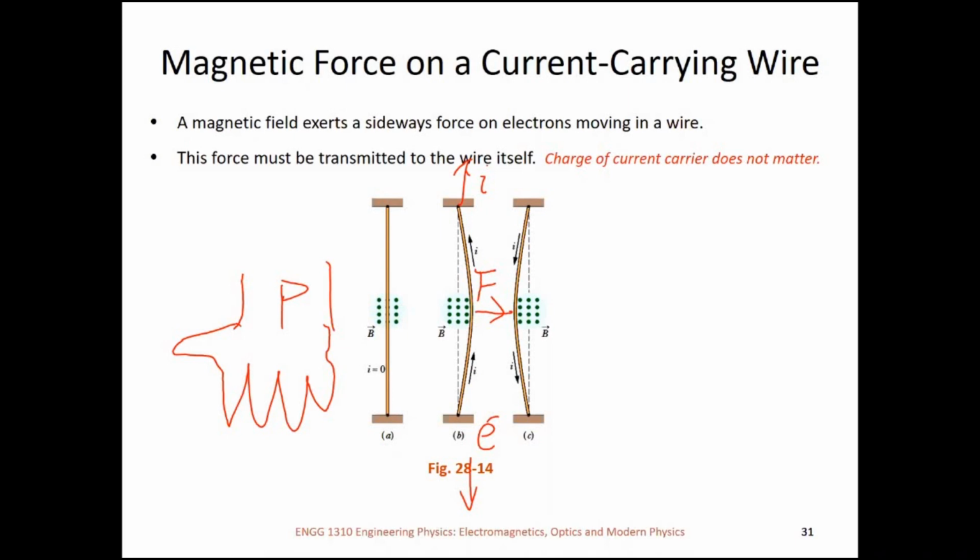In the reverse way, if we have the current going downward, then the electrons go upward, and with the same B field, the force will go to the left because it is electron. So as you can see, there is also a force on the wire, no matter the charge of the current carrier.